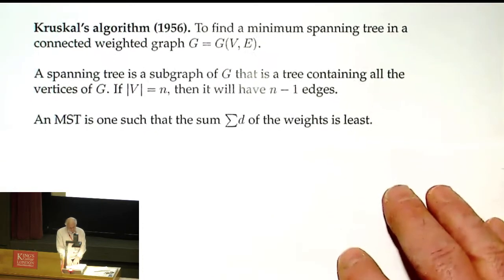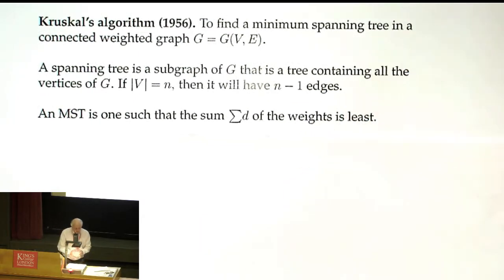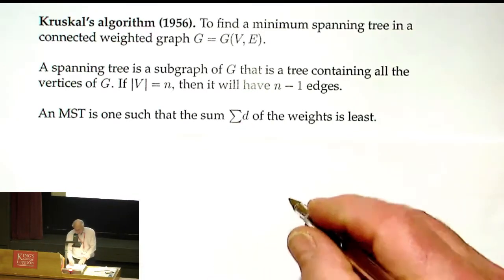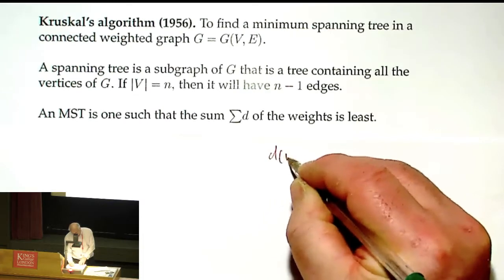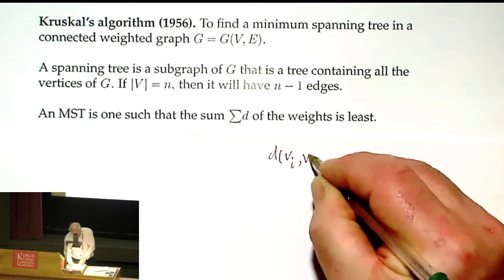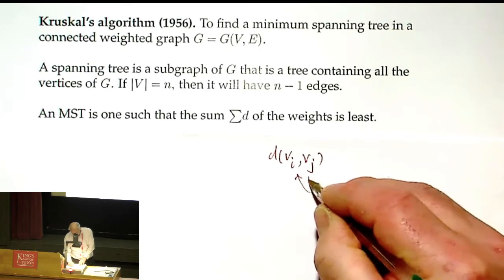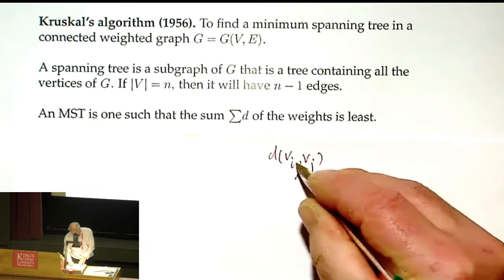There will obviously be a spanning tree for which that sum is least. That's obvious. You just list all the spanning trees and find one or more that have the minimum value of total weight. I've written the total weight as sigma d because, remember, I used the symbol d for the weight assigned to each edge, say between vertex i and vertex j, assuming that these two vertices are adjacent and form an edge.